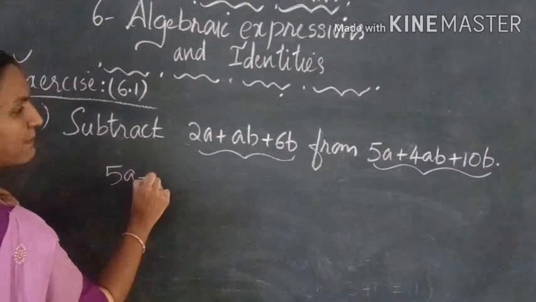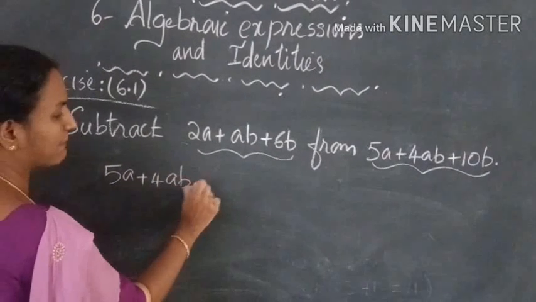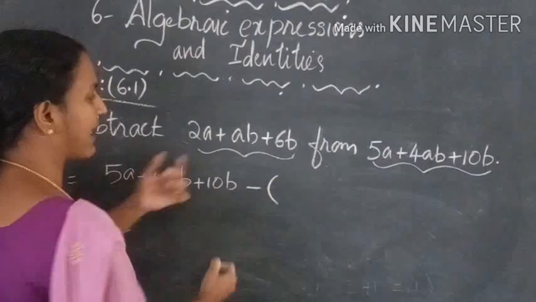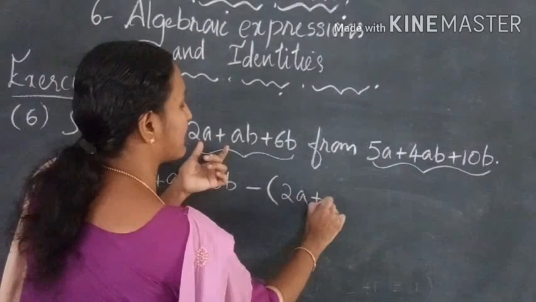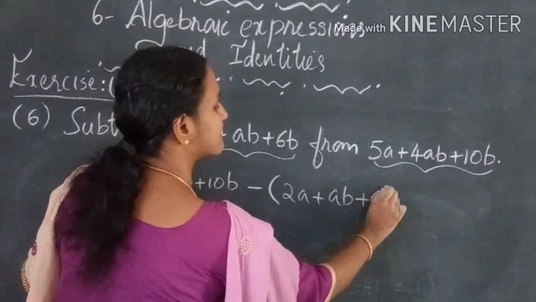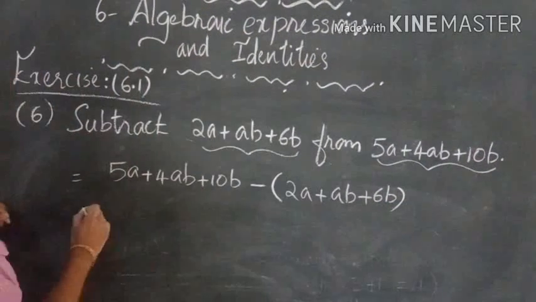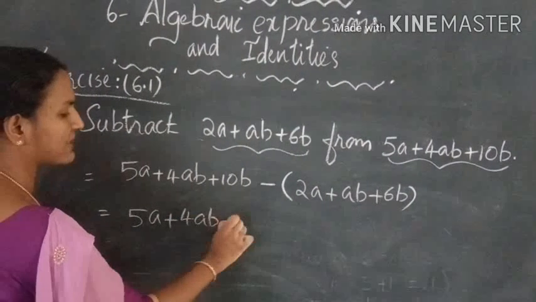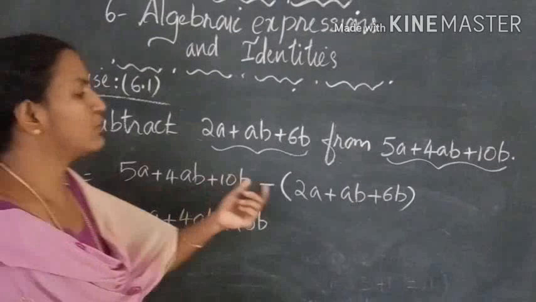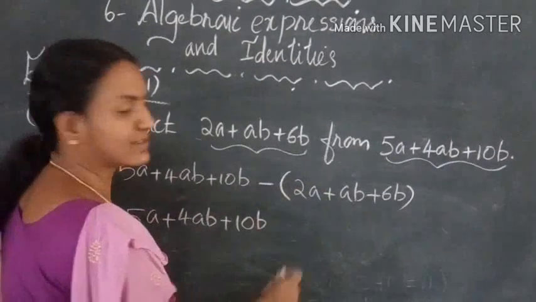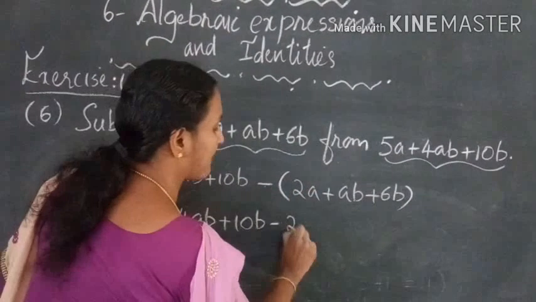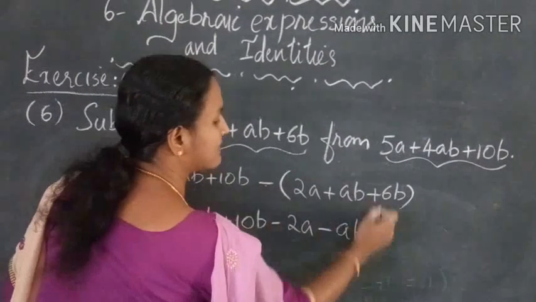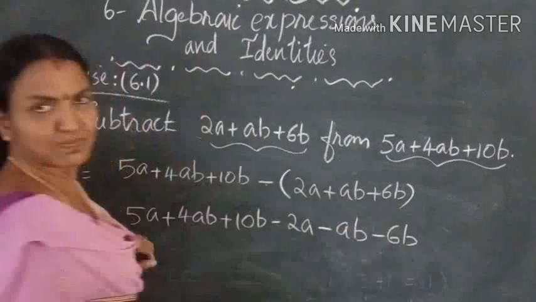So 5a plus 4ab plus 10b minus, within the brackets, 2a plus ab plus 6b. We have to remove the brackets, so change the signs: minus into plus, minus 2a, minus ab, minus 6b.